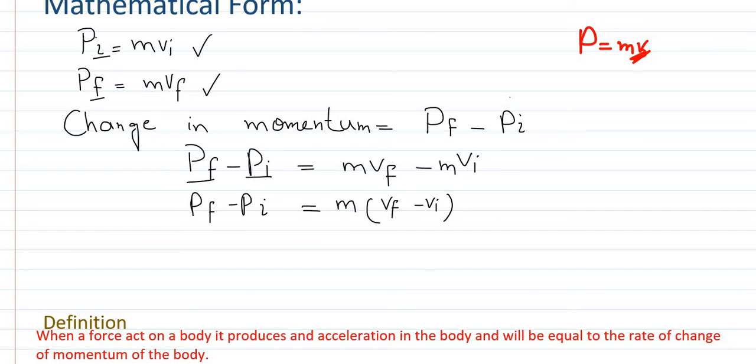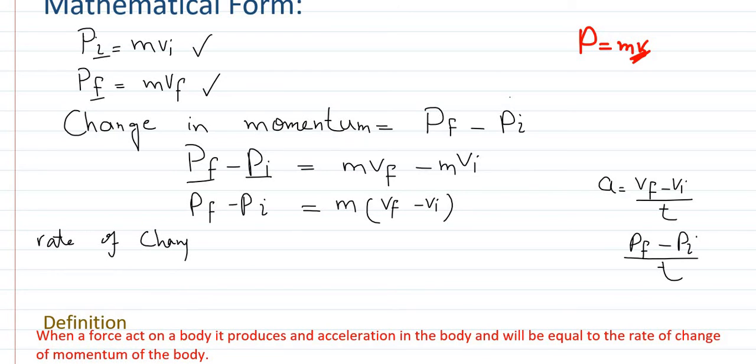When we take the rate of change of velocity, that is called acceleration. How can we take acceleration? Acceleration is equal to the rate of change of velocity, vf minus vi over t. So if we want the rate of change of momentum, we divide by t. So I write here rate of change of momentum, meaning at what time rate the momentum is changing.